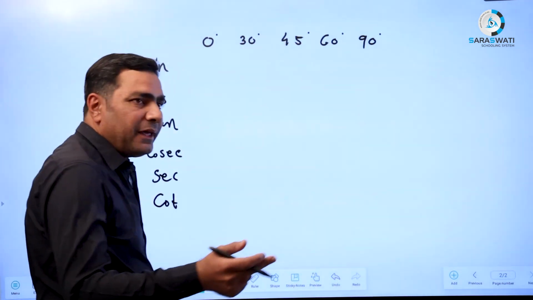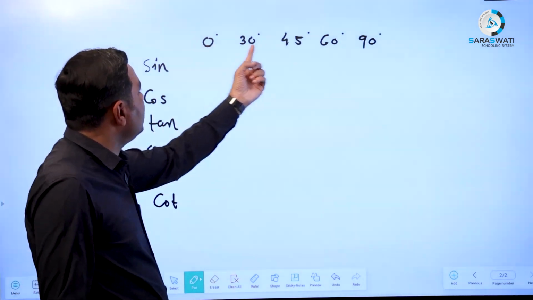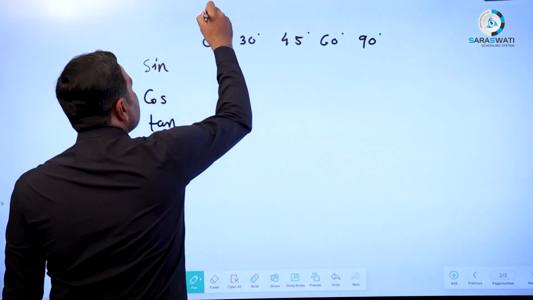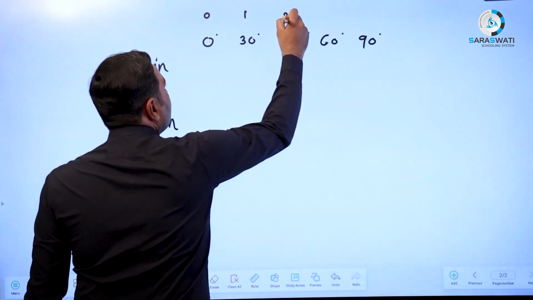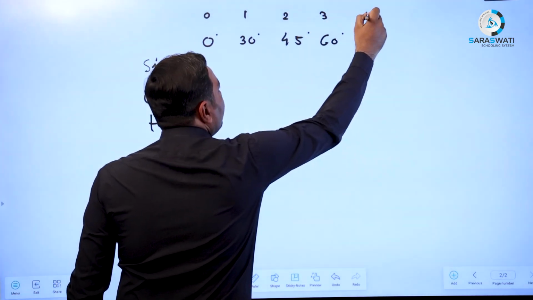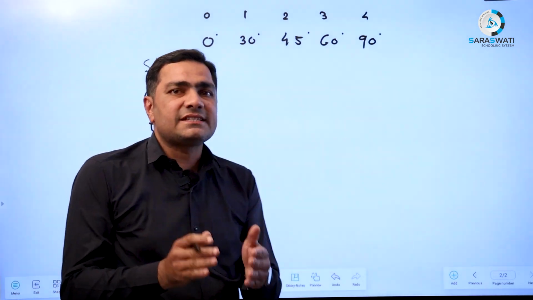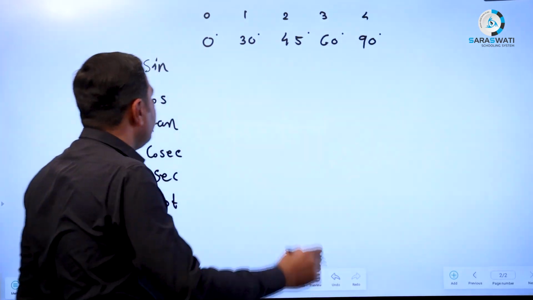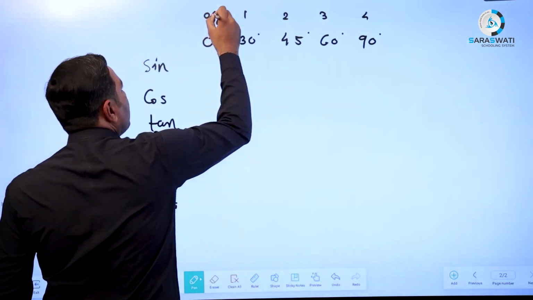Just above this angle row, we will put the values 0, 1, 2, 3 and 4. After this step, you need to divide all these 5 values by 4.